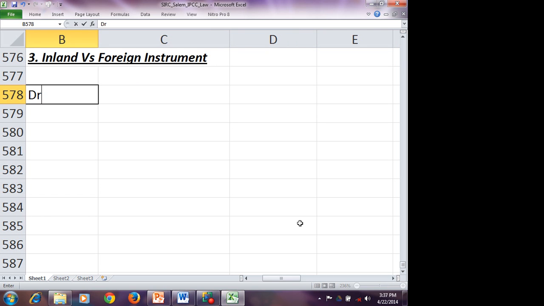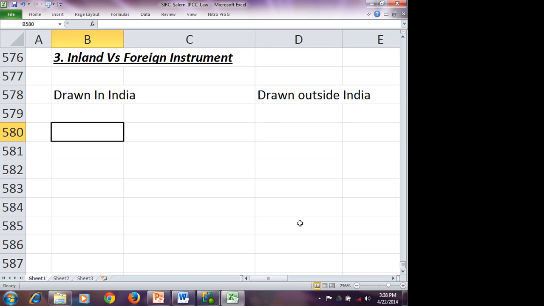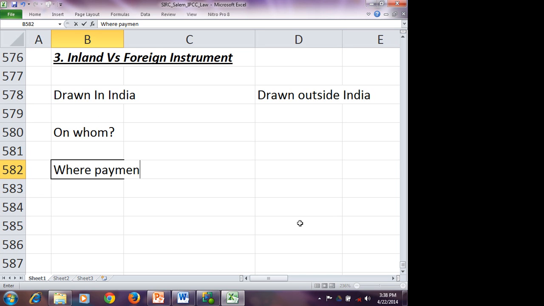First test is, you need to find out whether it is drawn in India or drawn outside India. This is with respect to drawing. Then you need to also find out on whom it is drawn. On whom? Where is payment?